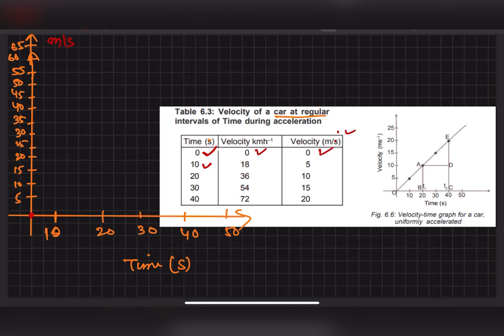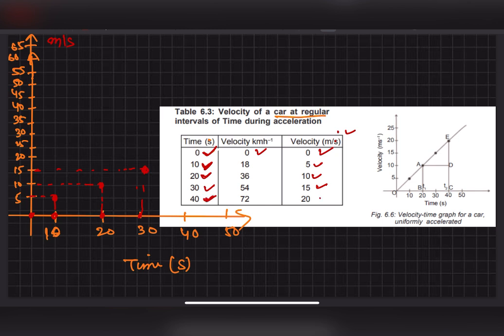Now time is 0, and this one also 0. Time is 10, velocity is 5. Time is 20, velocity is 10. Time is 30, velocity is 15.